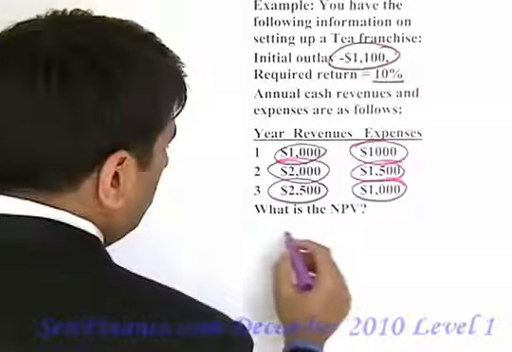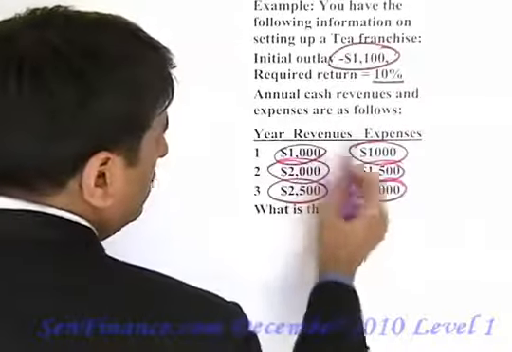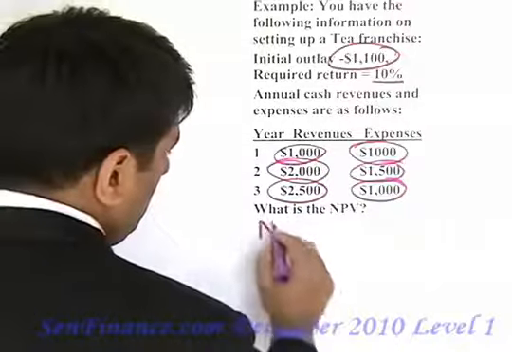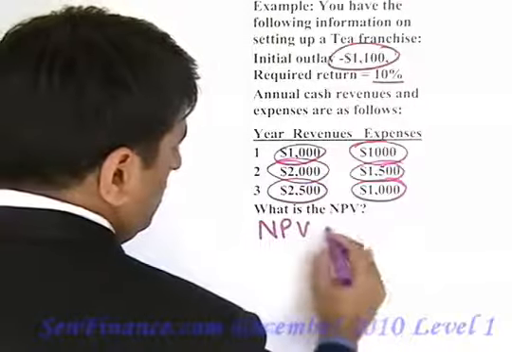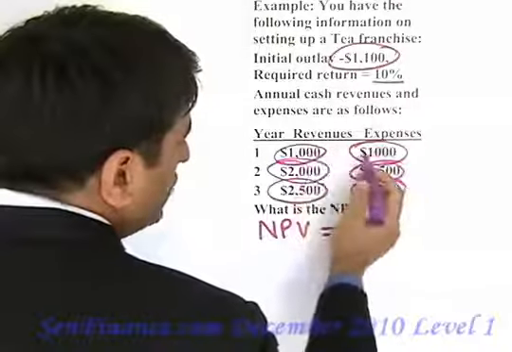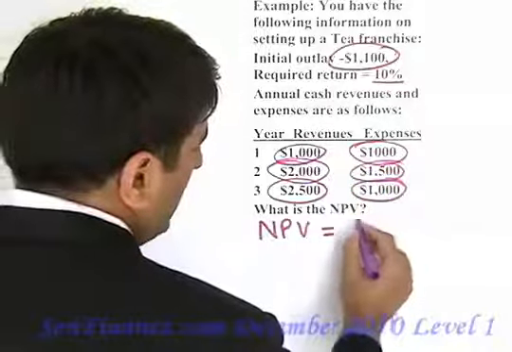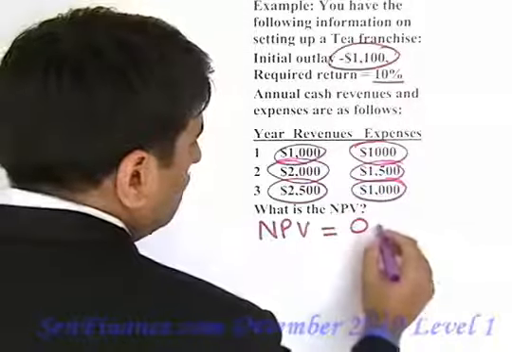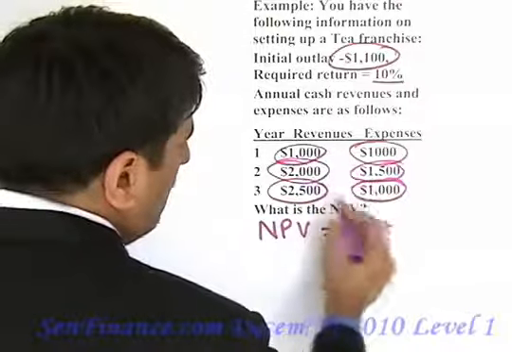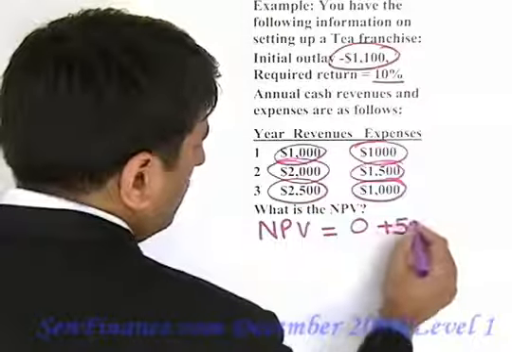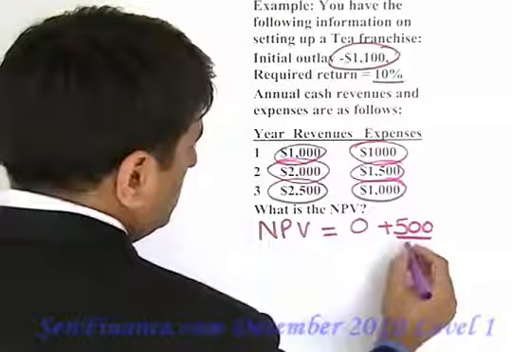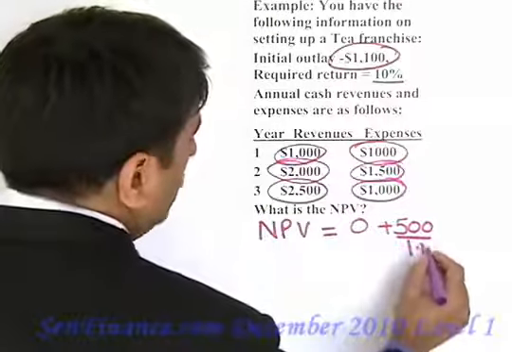So for the first year, your net cash flow will be 1,000 minus 1,000, that will be 0. For the second year, you'll have a positive $500 cash flow, which you must discount back 2 periods to get its present value.